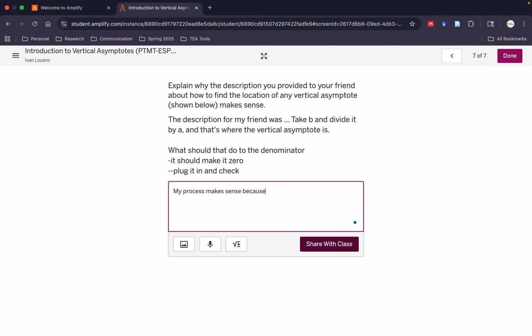But the goal is to eventually get them to decide. You take b and divide it by a. You get a number, take negative b. So with the correction, we'll have negative b.